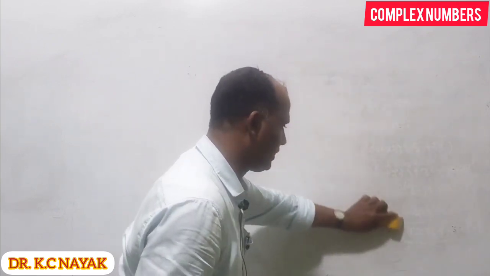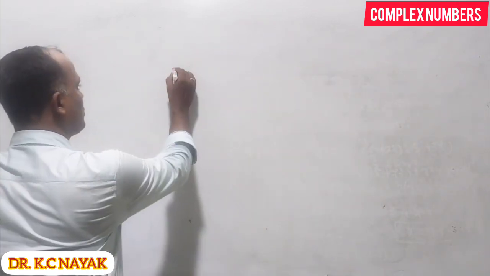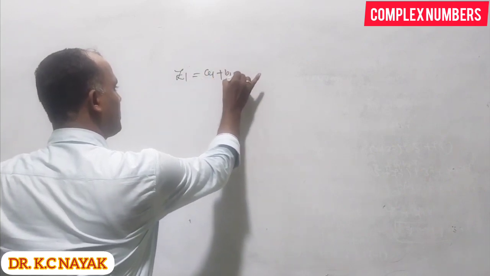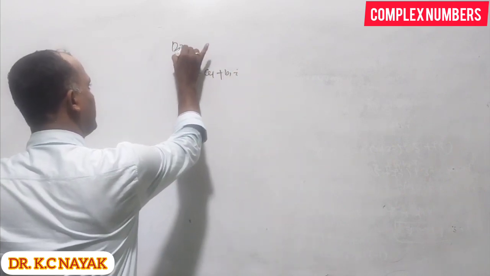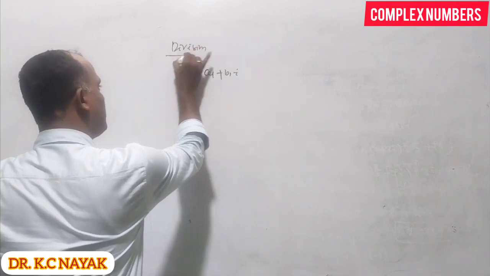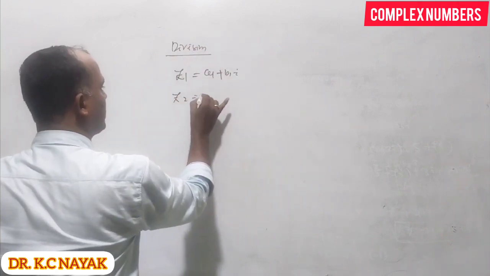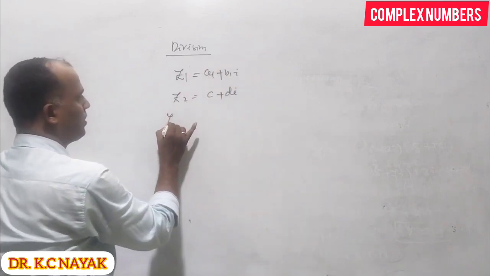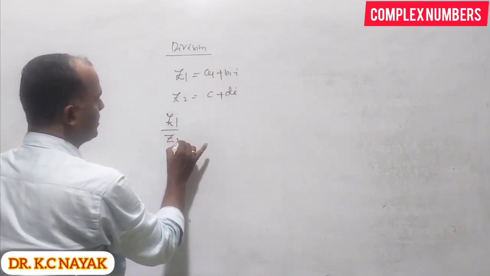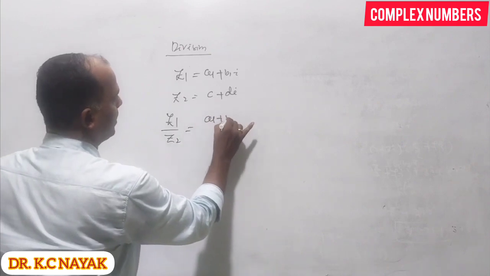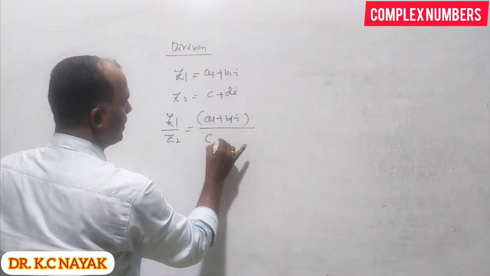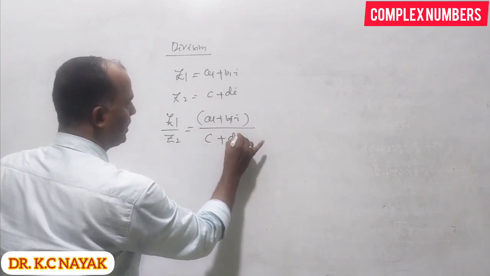How do we make division? Just you see, suppose I have z1 is equal to a1 plus b1i, and z2 is equal to c plus di. I proceed for z1 by z2, that means a1 plus b1i by c plus di.